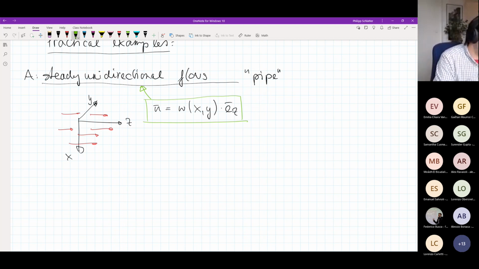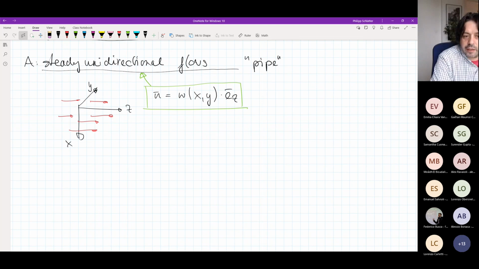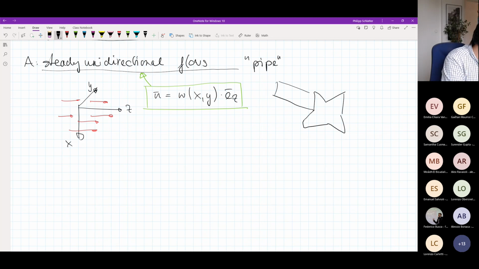Now, I do not specify here what the shape of this pipe or channel or duct is. It could be, for instance, like a star, something like this.